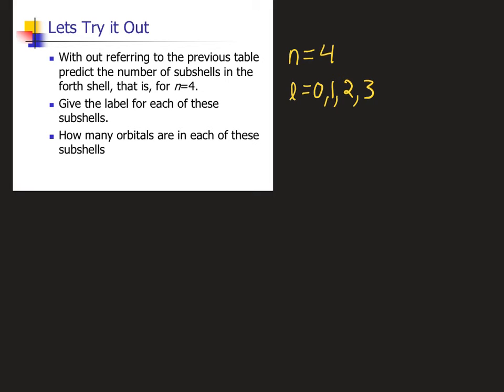All right. Now the bigger one, and that's the m sub L, the magnetic quantum number. Always start with the 0. It's the easiest. Why? Because it's a 0.